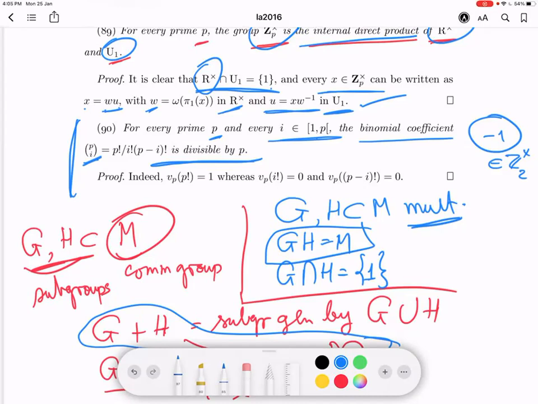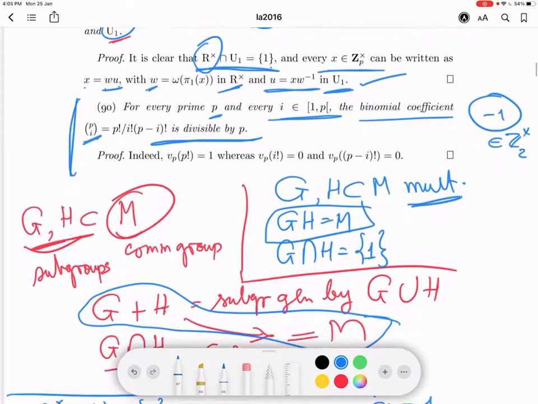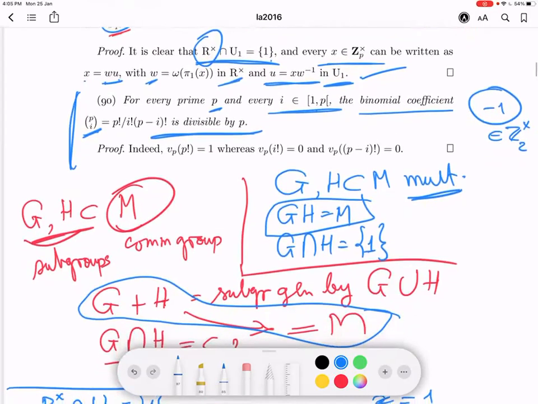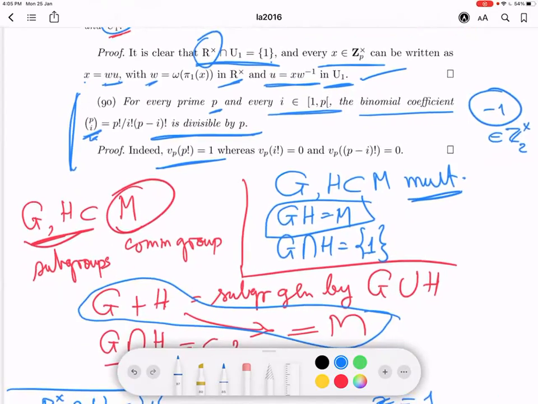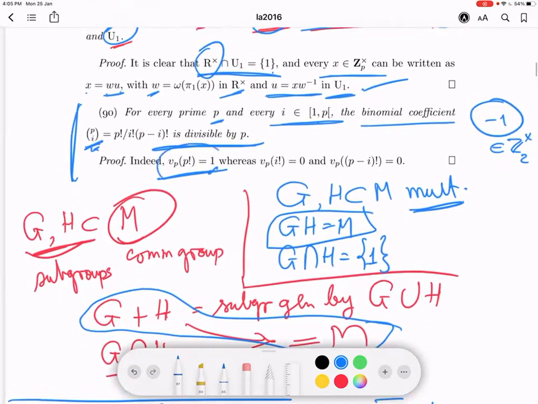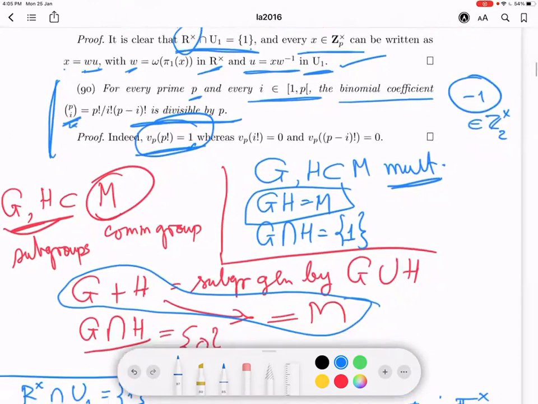Okay, so how do you prove this? This is very easy, because you have to show that it's divisible by p. And in fact, I'm going to show that it's divisible by p, not by p squared. In other words, I'm going to show that V_p of the binomial coefficient is equal to 1. Now, V_p of p factorial is equal to 1, that's clear. That's because what is p factorial?